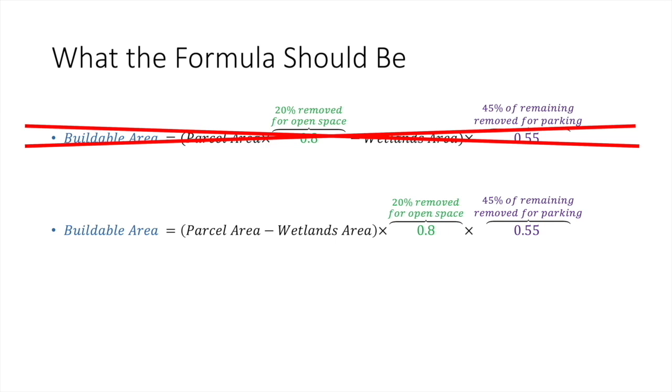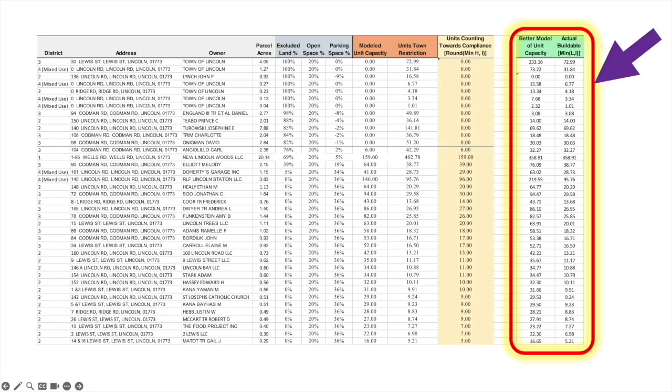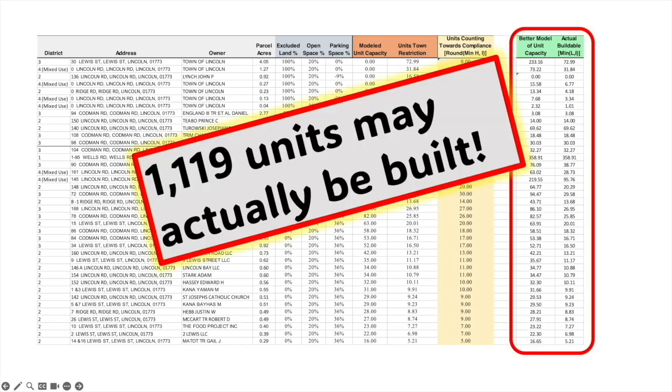After all, they provide 0 units in the compliance model. With these more reasonable assumptions, I find that developers could easily develop 1,119 units, increasing the housing units in Lincoln by roughly 50%, all in one small area, far more units than can be handled with existing infrastructure like roads.